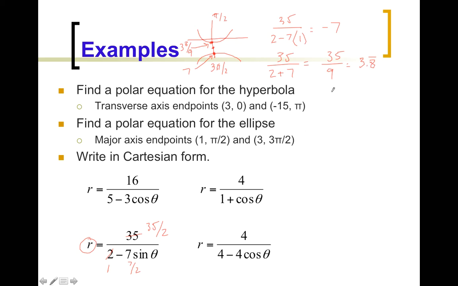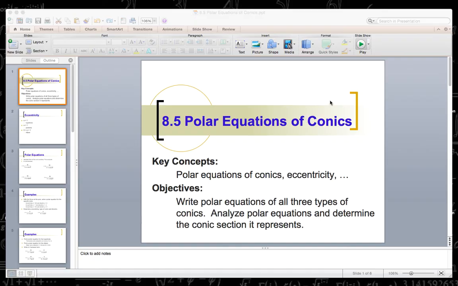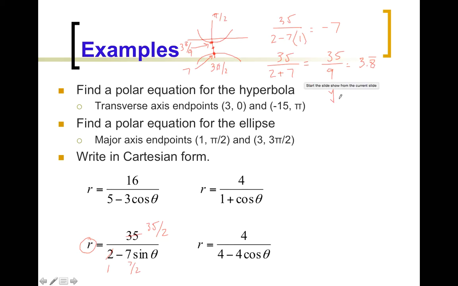You got to remember that our equations are, in this case, y minus k squared over a squared minus x minus h squared over b squared equals 1. So I got to figure out h and k.